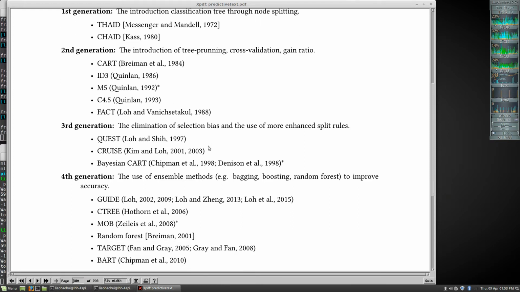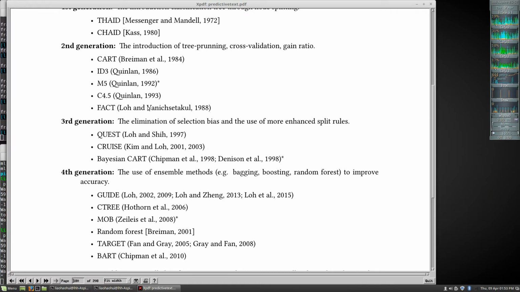And Loh, an expert in decision tree algorithms, has developed a few algorithms for generating trees: FACT, QUEST, and GUIDE. But he did not release any implementation details of his algorithm.